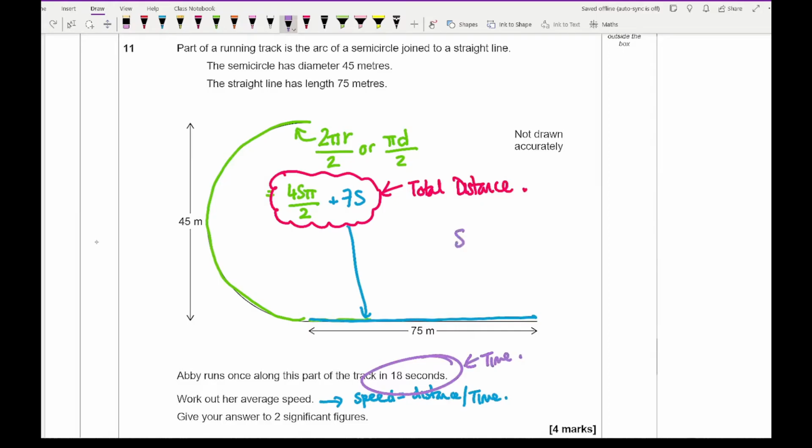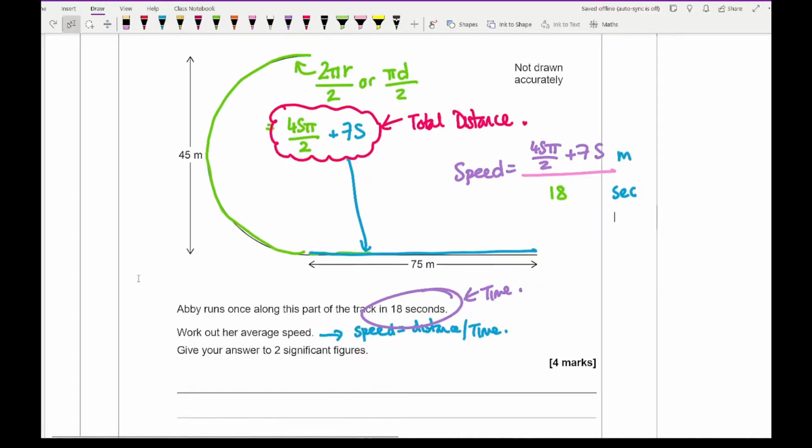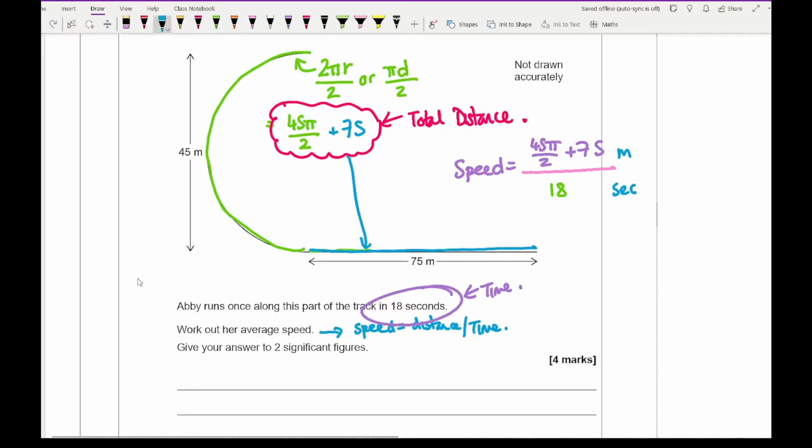So the speed is going to be the total distance, which is 45 pi divided by 2 plus 75, divided by the time, which is 18 seconds. And we know that the units are going to be meters per second. So if I type that all into my calculator, I get an answer of 8.1, and that's meters per second.